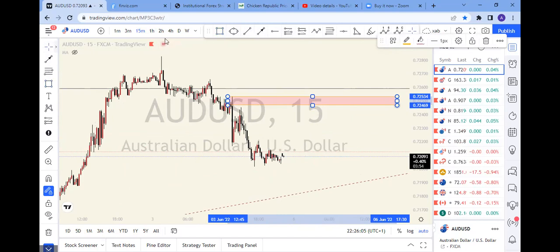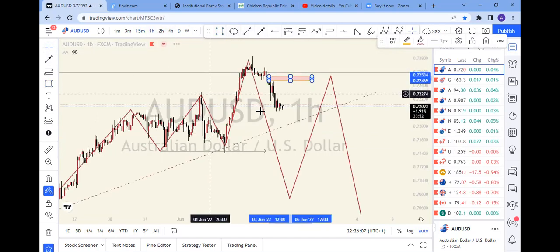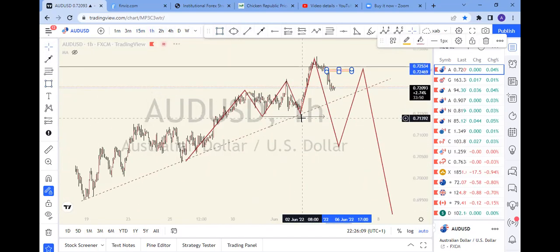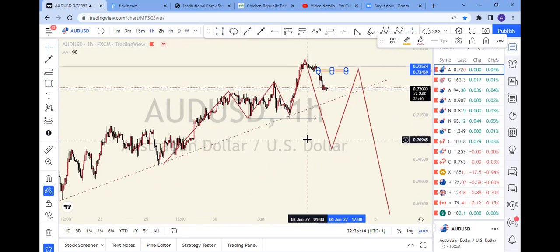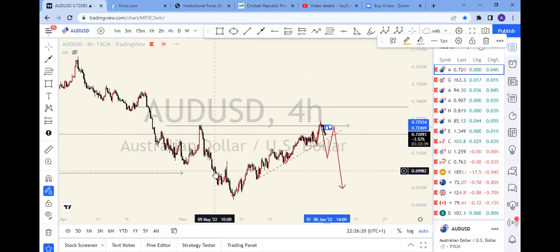But that's my expectation, that price breaks below these two previous lows, and after that we come for a retest somewhere around here before continuing lower.